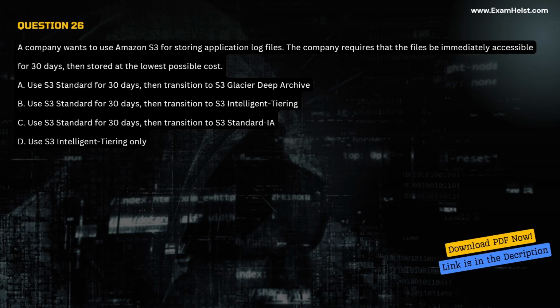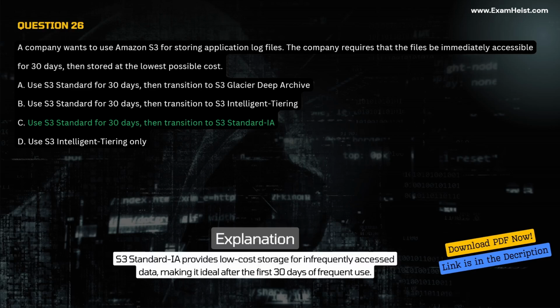C. Use S3 Standard for 30 days, then transition to S3 Standard-IA. D. Use S3 Intelligent-Tiering only. Correct answer, C. Use S3 Standard for 30 days, then transition to S3 Standard-IA. Explanation: S3 Standard-IA provides low-cost storage for infrequently accessed data, making it ideal after the first 30 days of frequent use.